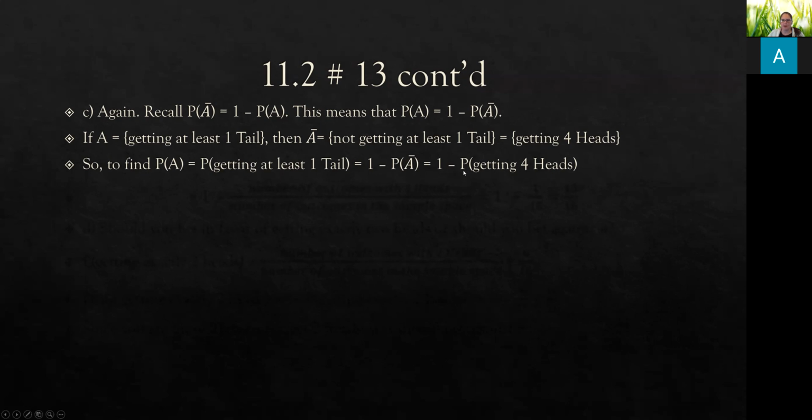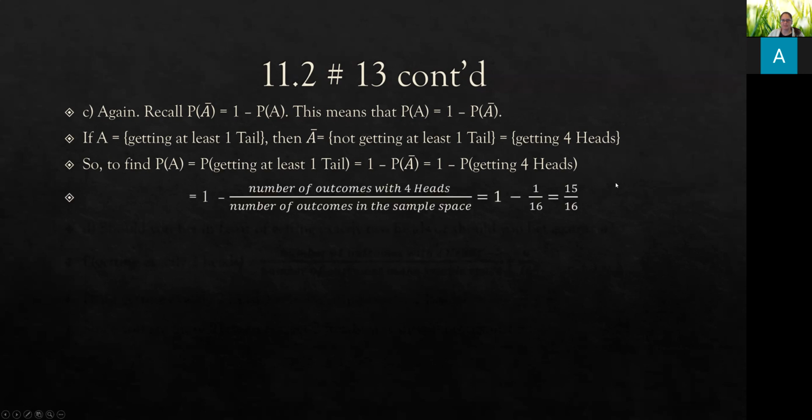So 1 minus the probability of getting 4 heads. So we can do 1 minus the number of outcomes that have 4 heads out of the number of outcomes in the sample space. That's 1 minus 1/16, which is 15/16. So 2 different ways to do that problem, right? We end up with 15/16 both times.